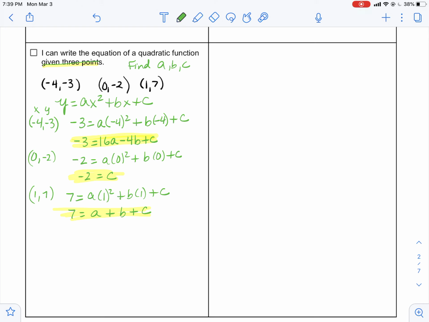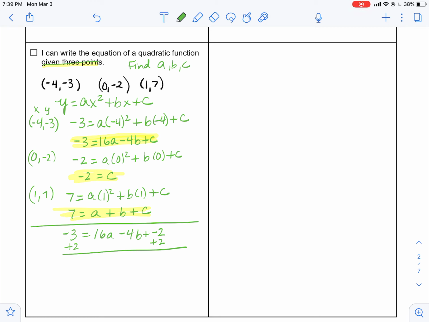Now, since I know that c is -2, and I'm going to draw a line here, okay, and I could have left some space up there, I'm going to put in c as -2. I'm going to move that -2 over.